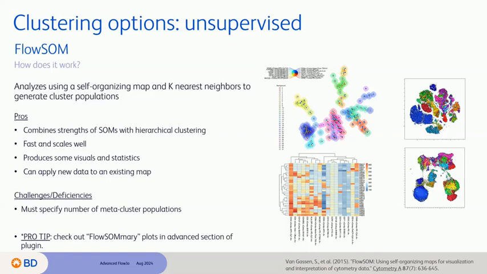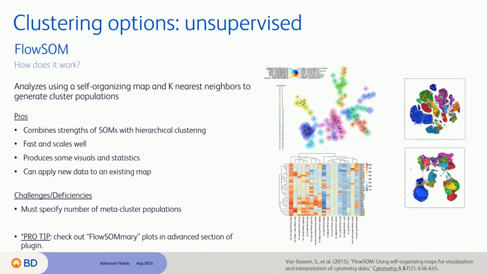Someone's asking if there are any tips on picking the number of meta clusters to start with in FlowSOM. That's a tricky question. There's not really a best method. That I would say is one of the downsides of FlowSOM, because you have to tell it how many clusters to return back.